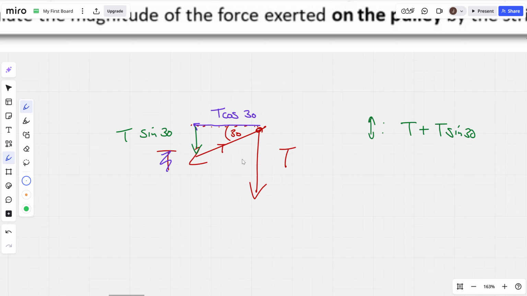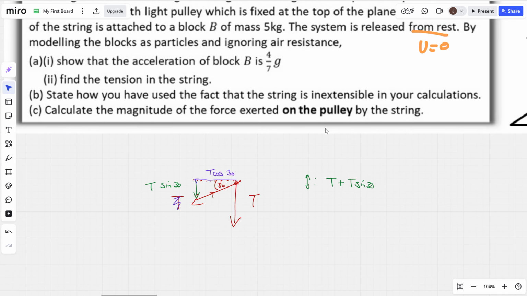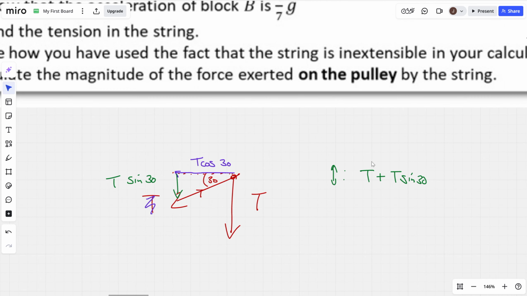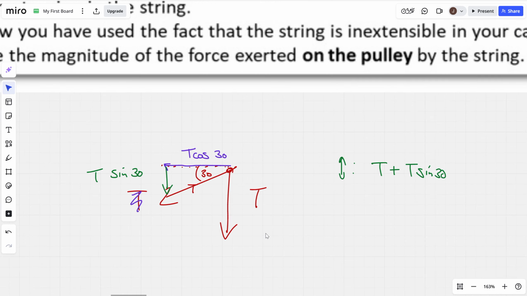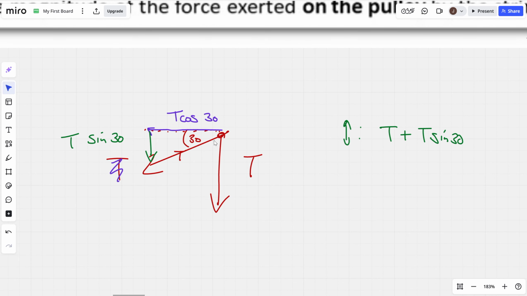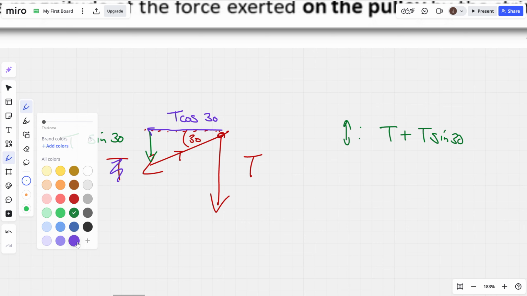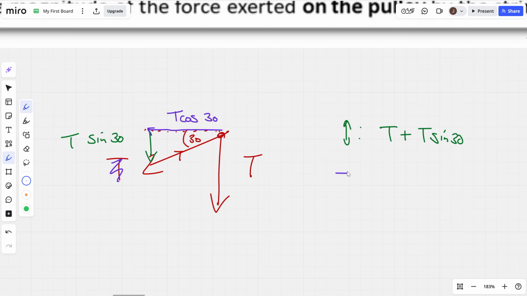It does say what the string is doing, right? What's the string doing to the pulley? So this is what the string is doing to the pulley. We don't need to make it any more complicated. It's got tension, and we look at the overall result. So vertically, there's a lot going on. And horizontally, there's not so much going on. So horizontally, it's just going to the left by T cos 30.